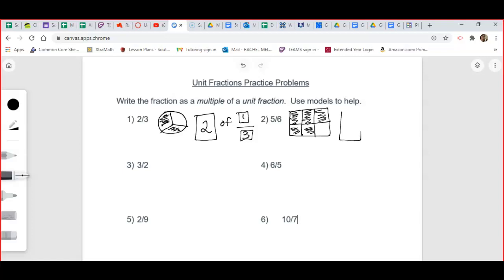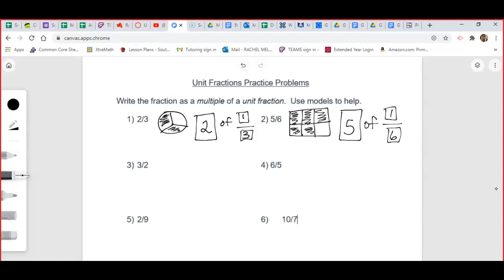And again, we're going to do the same thing. How many pieces do I have? Unmute yourself and tell me. 5. And each piece is worth what this time? 1/6. Very good.